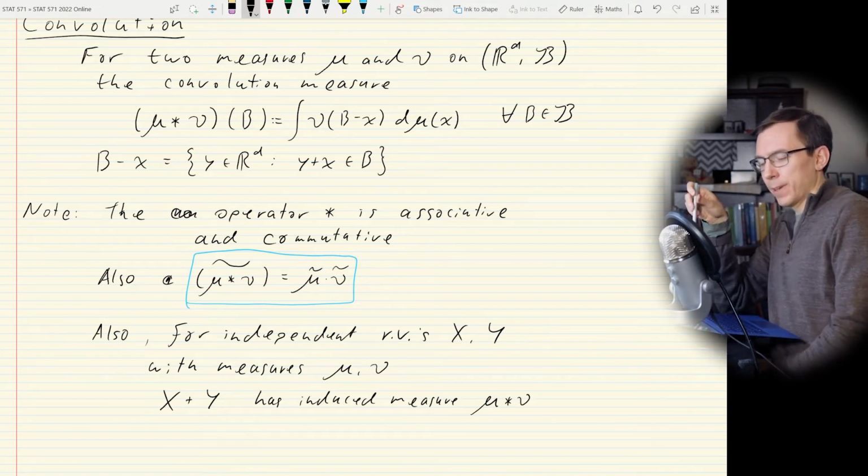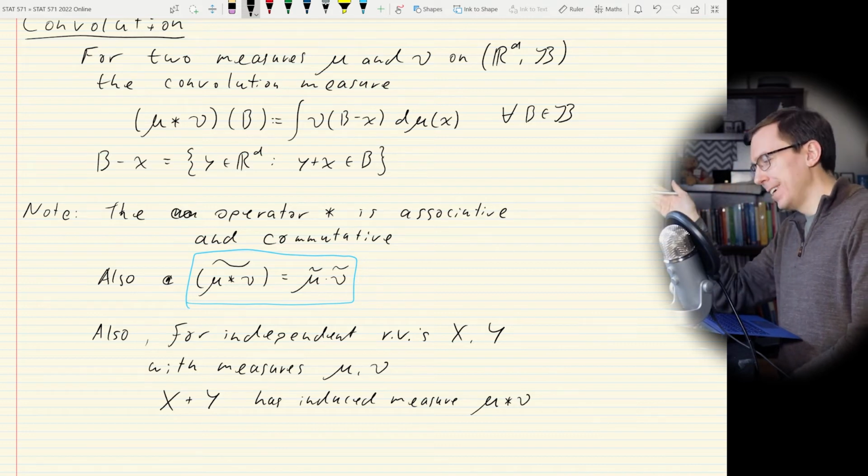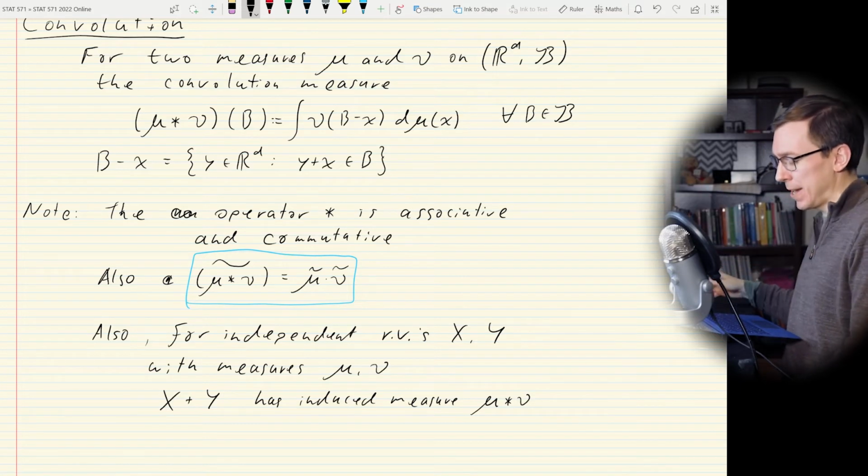And this is another important thing: when I add random variables together, I convolve the measures, the distribution functions.